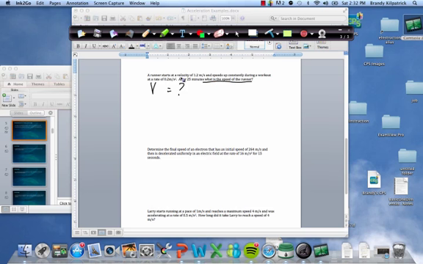So a runner starts at a velocity of 1.2 meters per second. So if he's starting at this velocity, that is his initial. So we are looking for the final velocity because I want to know how fast the runner is going after 25 minutes. So I know that my initial velocity is 1.2 meters per second. And I have a rate of 0.2 meters per second squared.